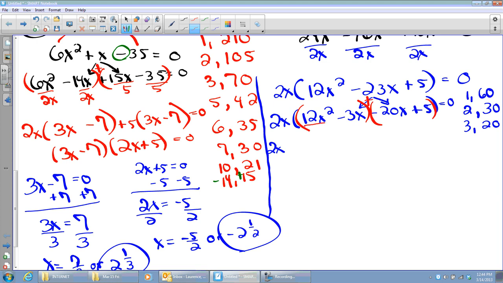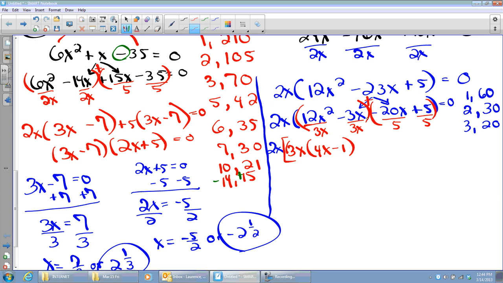So my GCF here is going to be 3x, I believe. And so I'm going to have 3x times the quantity of 4x minus 1. And then here my GCF is going to be 5. The only problem is my signs are both going to be wrong.